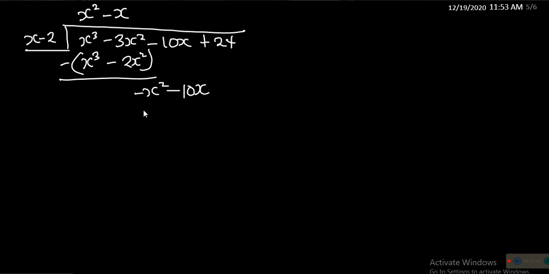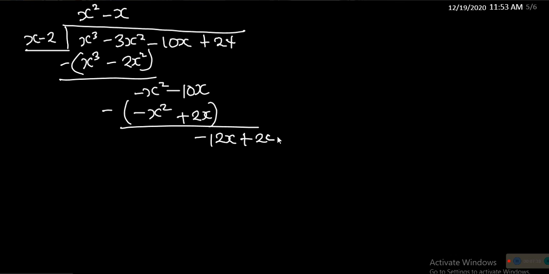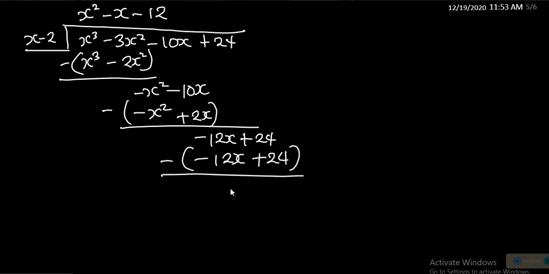We have minus x, minus x squared plus 2x, then subtract again. We have minus times plus is minus, this is minus 12. Let's bring down 24 and divide. We have minus 12 and multiply. We have minus 12x plus 24, and if we subtract here, we have 0.